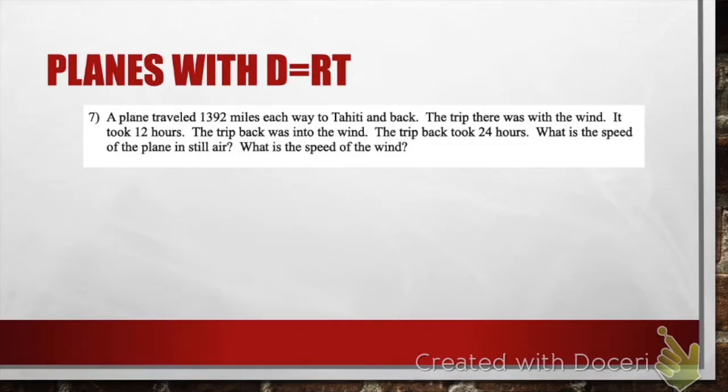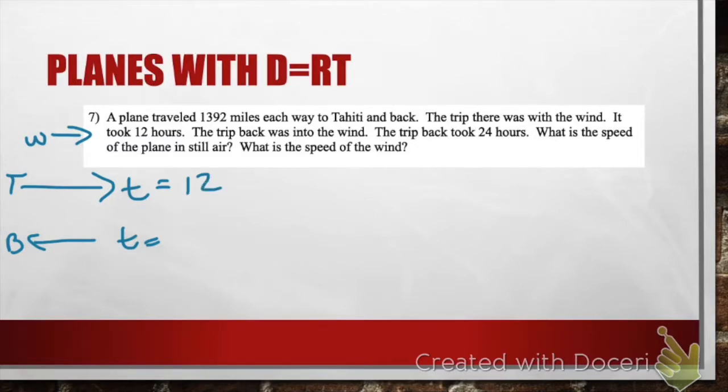What is the speed of the plane in still air, and what is the speed of the wind? So we're going to have 2 equations. We're going to go there and back, realizing that the wind is with them on the way there. We have time on both of them. Time there took 12 hours, and time on the way back took 24.